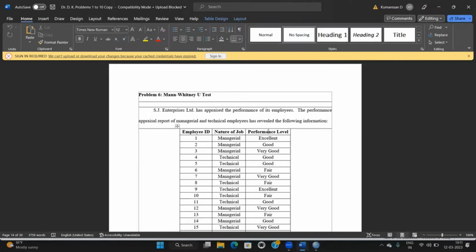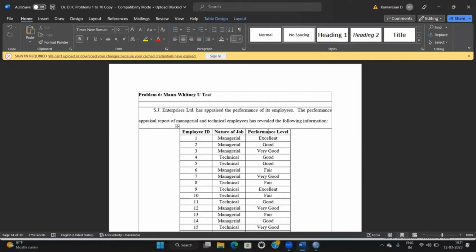But here, the performance level is given as the dependent variable. Performance level is not given as real values, so it is not scale data in this problem.